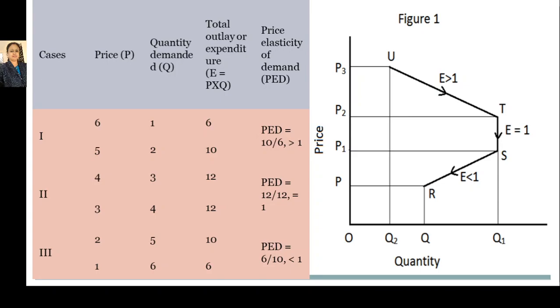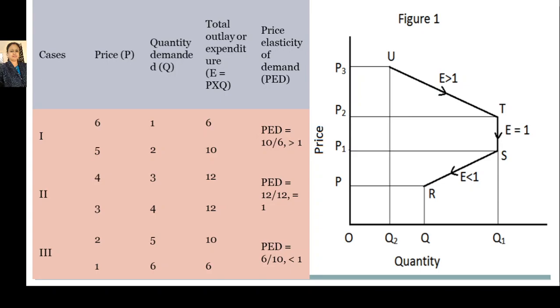When price falls from P1 to P, quantity demanded falls from Q1 to Q, and the total expenditure curve moves from S to R, which also shows a fall due to the fall in the price.